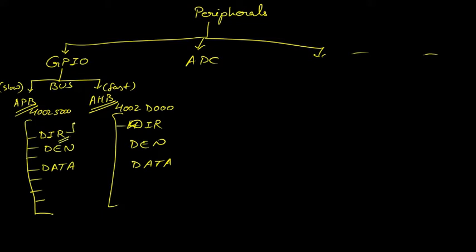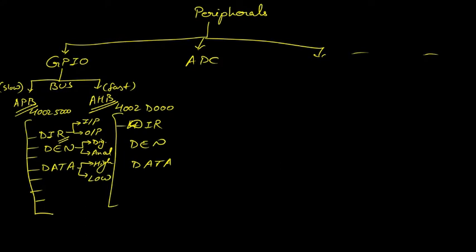Each register has its own job, like whether you want to make the pin input or output, digitally enabled, or analog. And data means whether you want to make it high or low, when you want to write or read something.